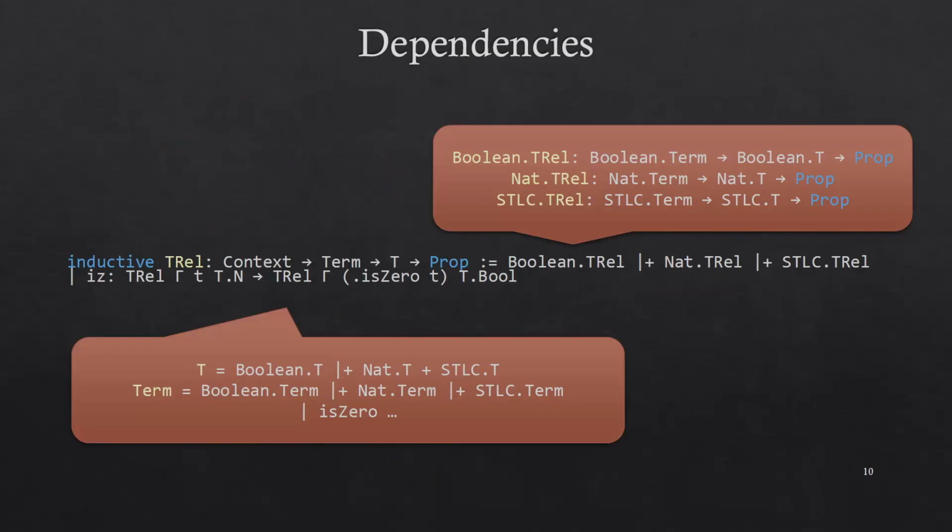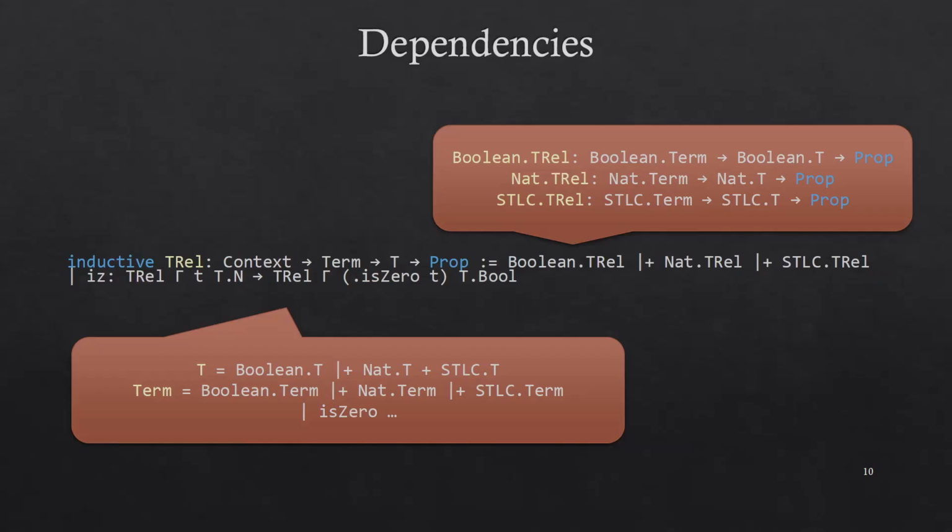Well, we can do the same thing for inductively defined predicates. But one thing to notice here, this is a type relation, and we're composing type relations from Boolean, nat, and STLC. One thing to notice is the types of these components are actually different. boolean.trl is actually boolean.term to boolean.t and so on.